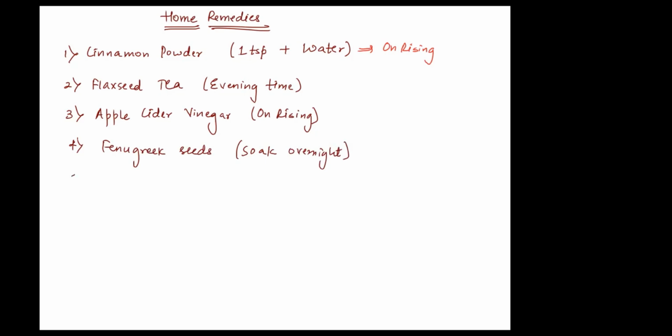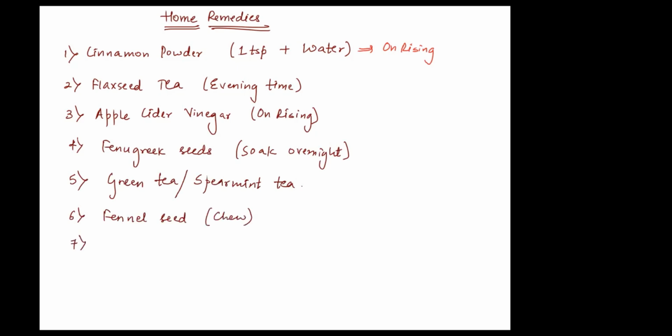Okay, you can give teas like green tea, spearmint tea, which is available online. Along with that, you can give fennel seed water, or you can tell them to chew fennel seeds after meals, even that is fine.